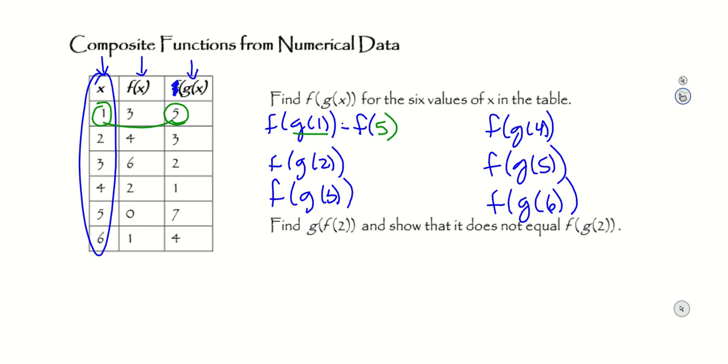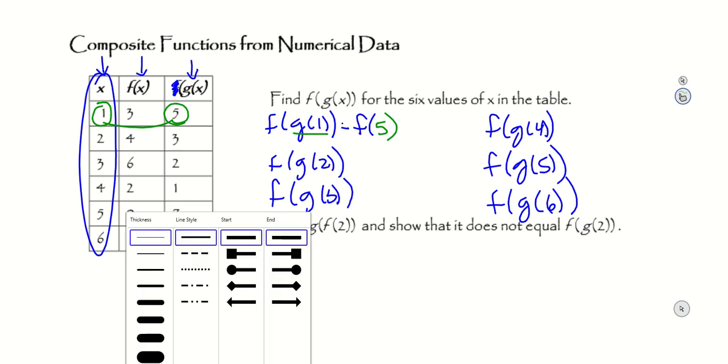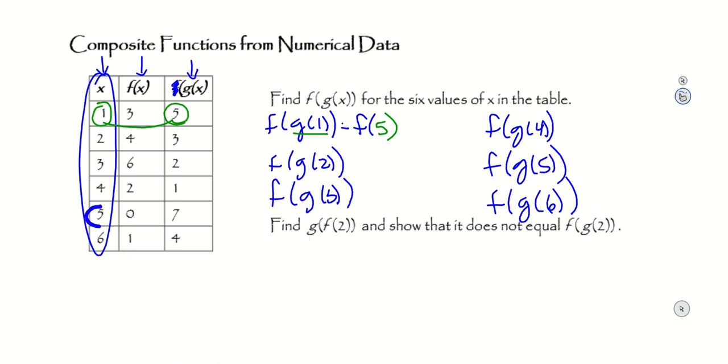Now, if I want to find f of 5, then I'm going to go to where my input is 5 and my output for f is 0. So this equals 0.